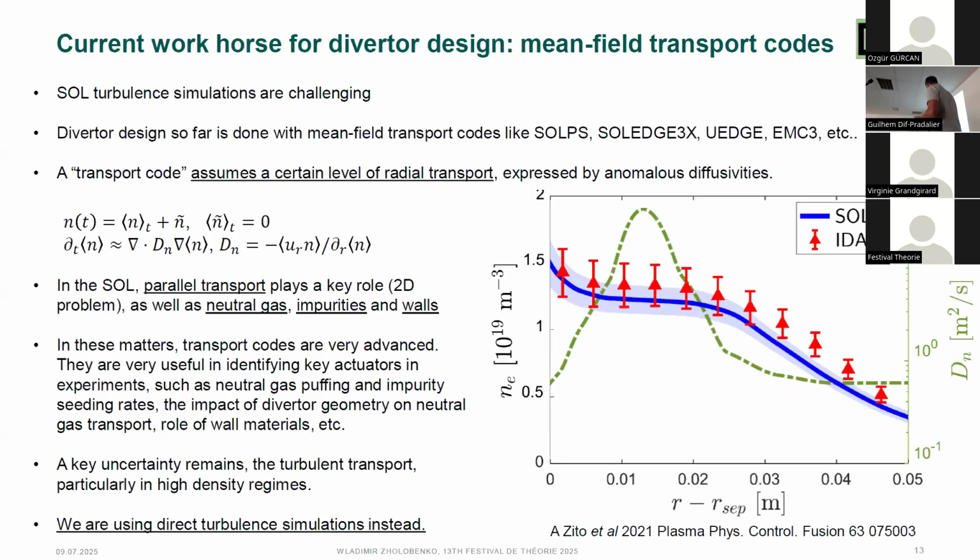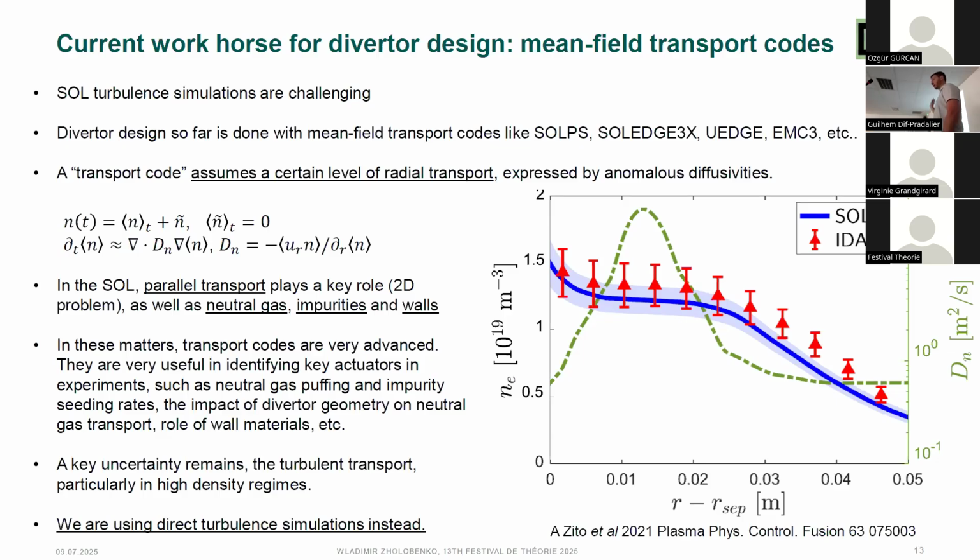Now, before doing this, I should point out that these simulations are becoming possible only now. They are very challenging. So the workhorse for the divertor design in upcoming fusion reactors have been so-called transport codes, like SOLPS, SOLPS-ITER, etc. What these codes do is you can define a plasma diffusivity like this, and you can plug it into the continuity equation for the mean plasma density.